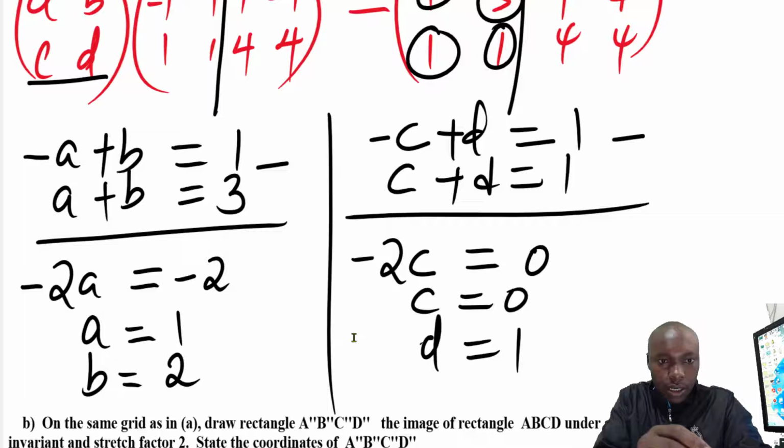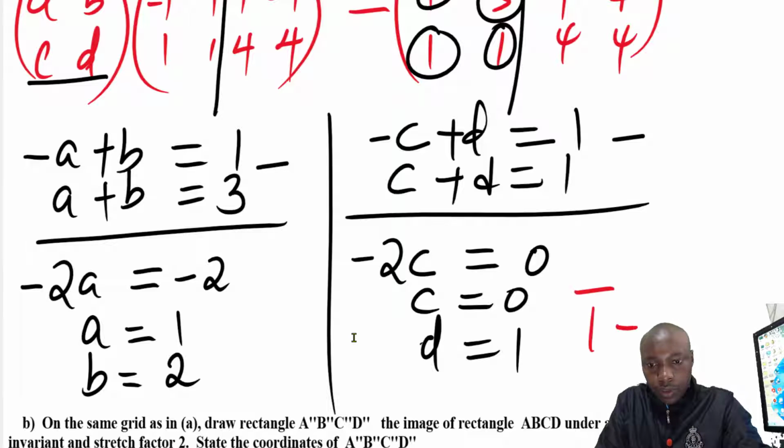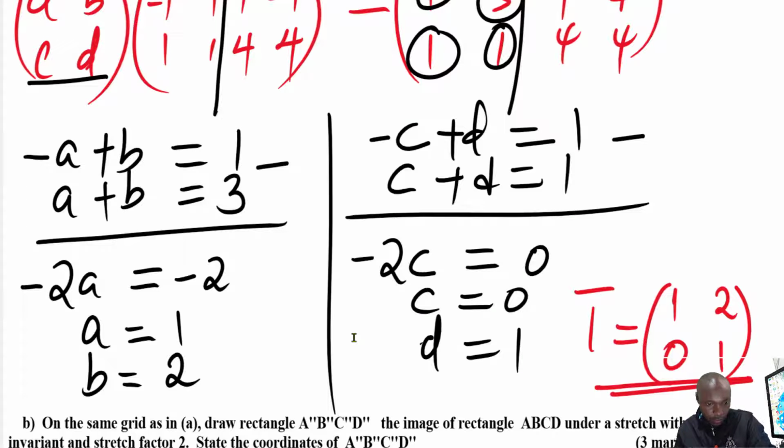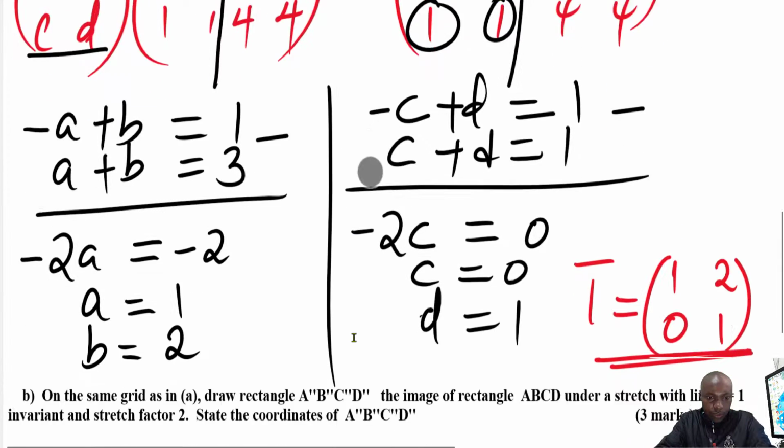So now the matrix T, which is given by a, b, c, d, will be a is 1, b is 2, c is 0, and d is 1. So that is the matrix of transformation. That is simply how you obtain that.